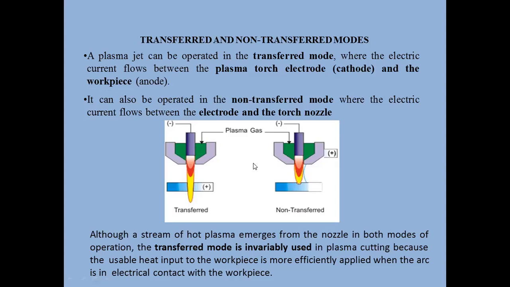See, depending on the intensity required, we can use both, but generally the workpiece is our basic criterion, where we are going to machine. To machine efficiently, we need to apply a high heat input. That happens through only which mode? Transferred mode. So the transfer mode is used more than the non-transferred mode.